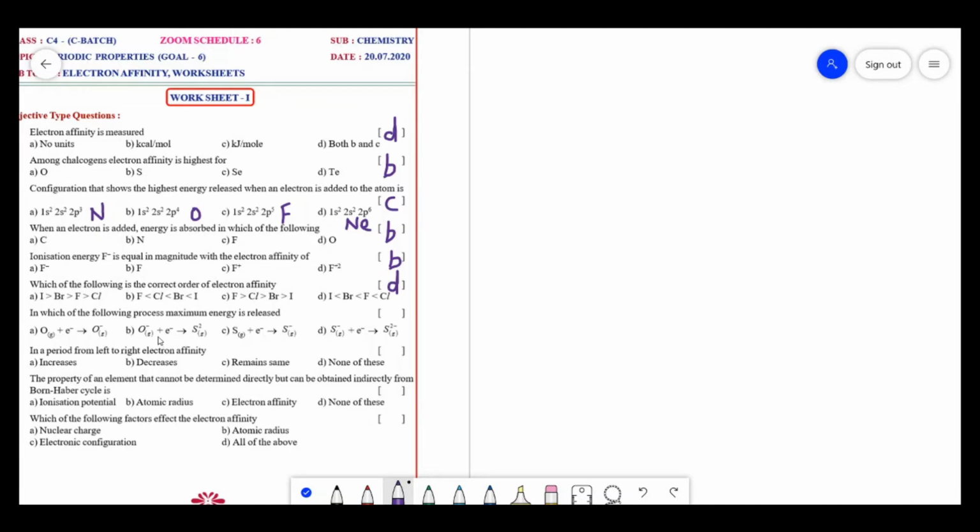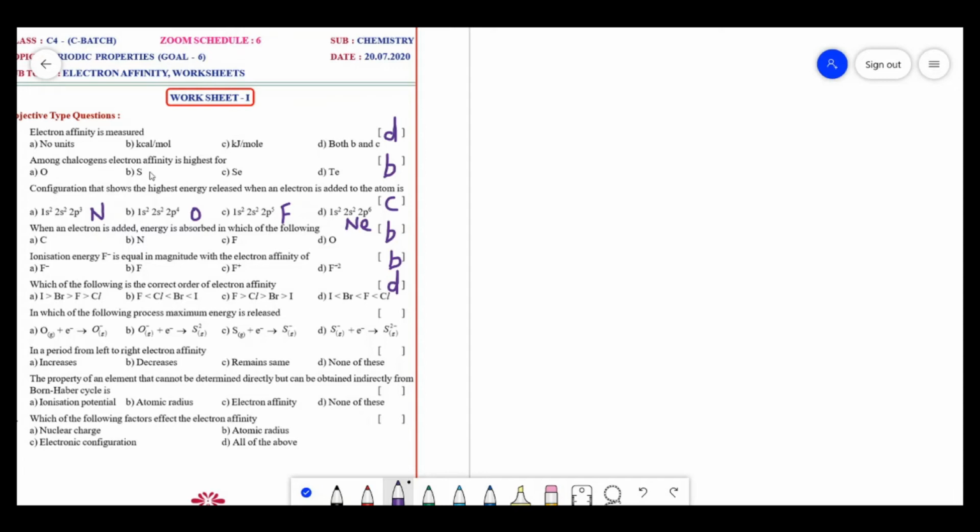Electron affinity 2 means energy is absorbed. So the answer may be oxygen and sulfur. Among oxygen and sulfur, among chalcogens, the highest electron affinity is present for sulfur. So this will give more energy. So here the answer is C.